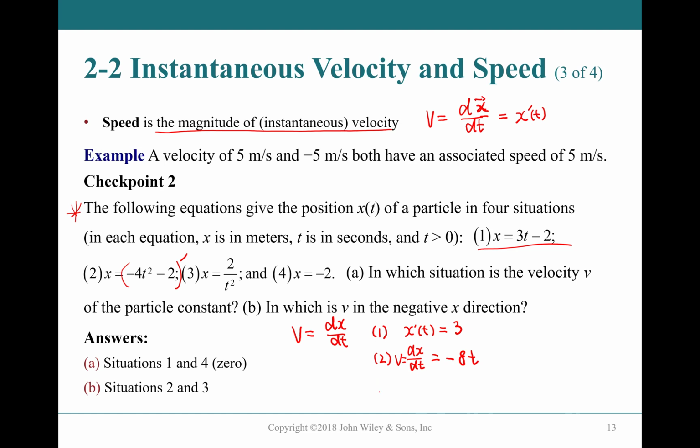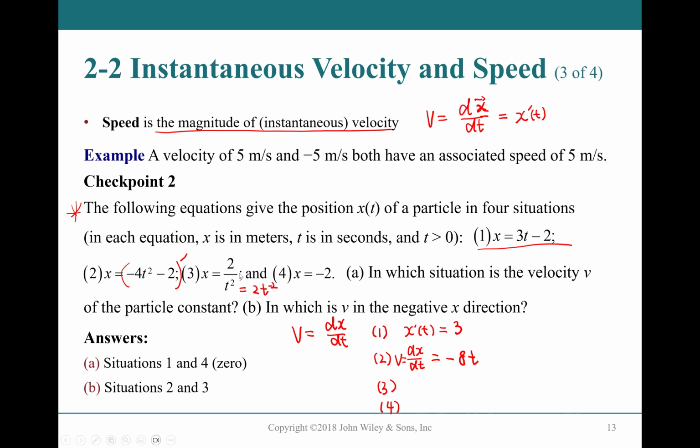And then number 3, you can write 2 over t squared as 2 times t to the power of negative 2. I want you to try 3 and 4 to see if you remember how to calculate derivatives. Try this by yourself, and you can tell me the answer in chat.